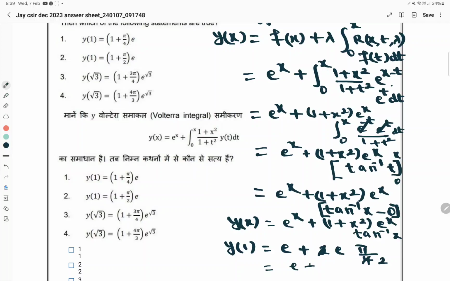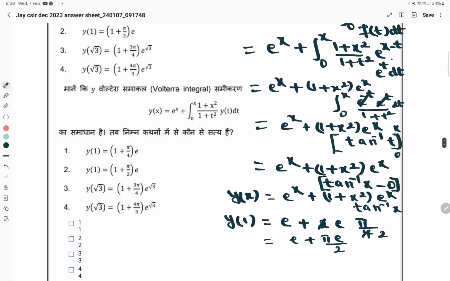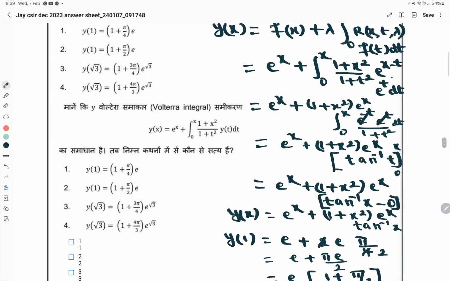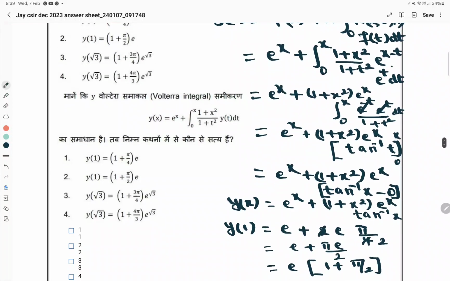This is e plus pi e by 2. Take e outside, 1 plus pi by 2. For y of 1, the second option is the correct one.